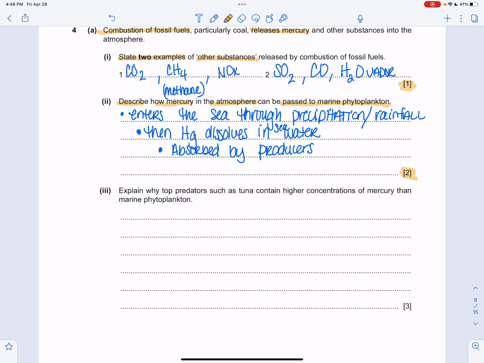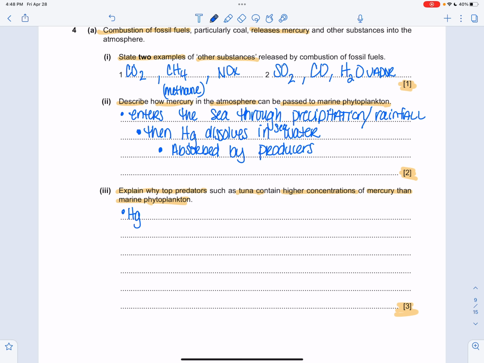Pause where you need. Explain why top predators like tuna will contain higher concentrations of mercury than marine phytoplankton. And this is all about passing up toxins and heavy metals up through the food chain and bioaccumulating in tissues, then biomagnifying up trophic levels, because these things are persistent and they do not get excreted by the organism.